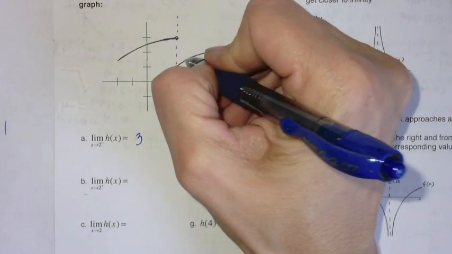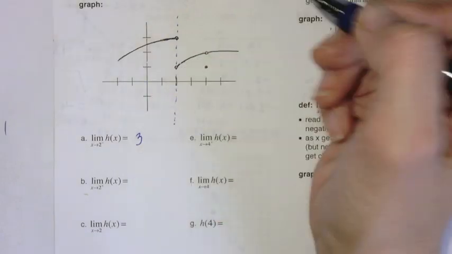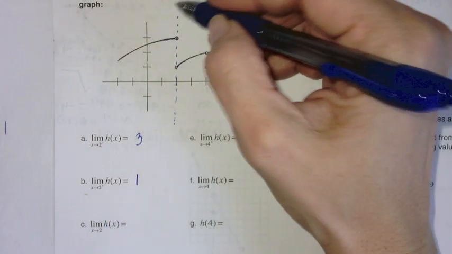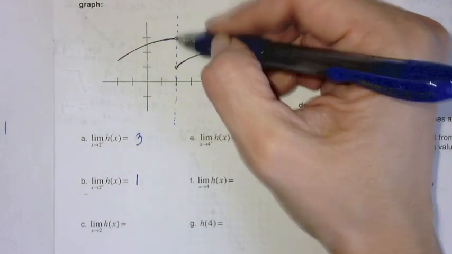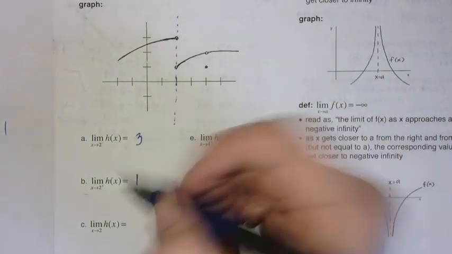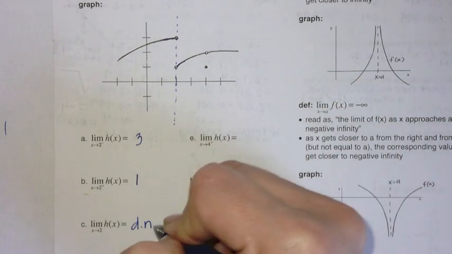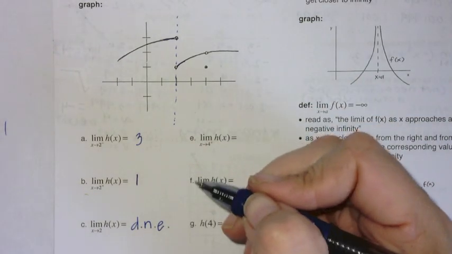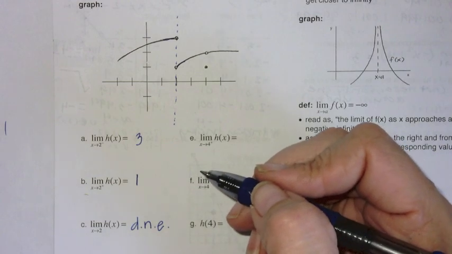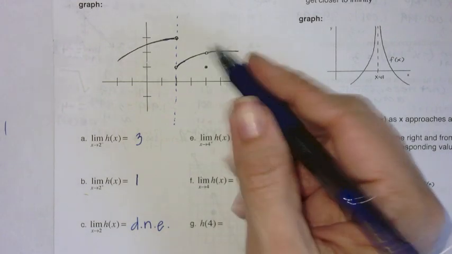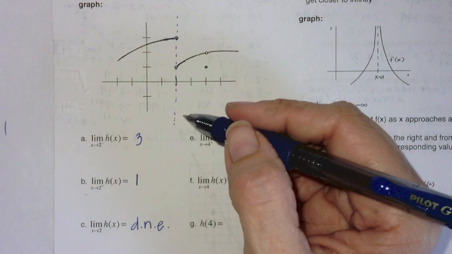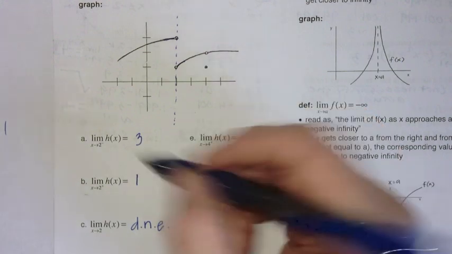And as it comes in from the right, which is over here, it's 1. So at 2, because there's a break in the graph, and because my left and my right-hand limits do not match, it does not exist. Now, if we applied this to continuity, can you see why this function would be considered discontinuous? It's kind of saying the same thing, but with a different notation.